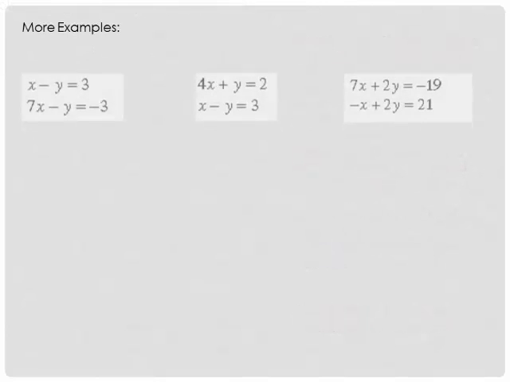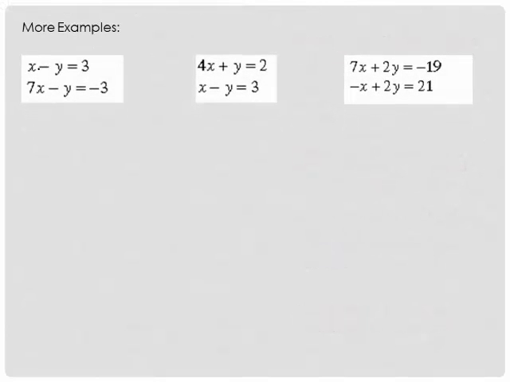Okay, so let's try a couple more. I have x minus y is equal to 3 and 7x minus y is equal to -3. My y's have my matching coefficients. And since they have the same sign, I'm going to need to subtract one of these equations. So I'm going to subtract this one.